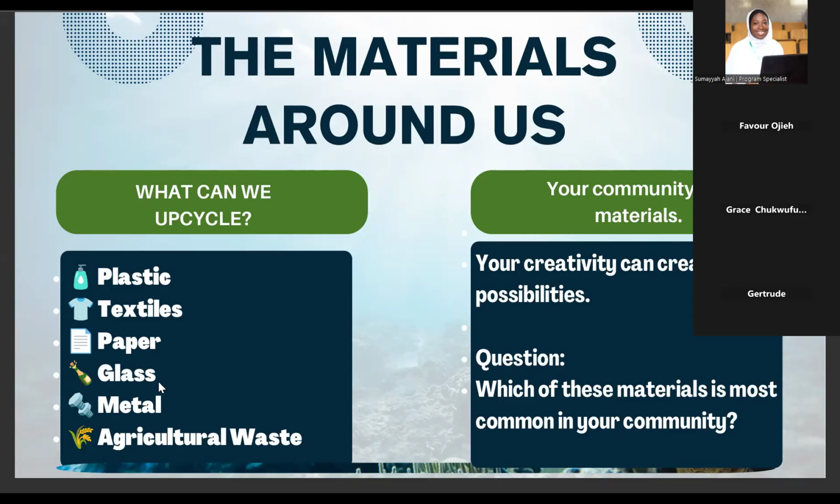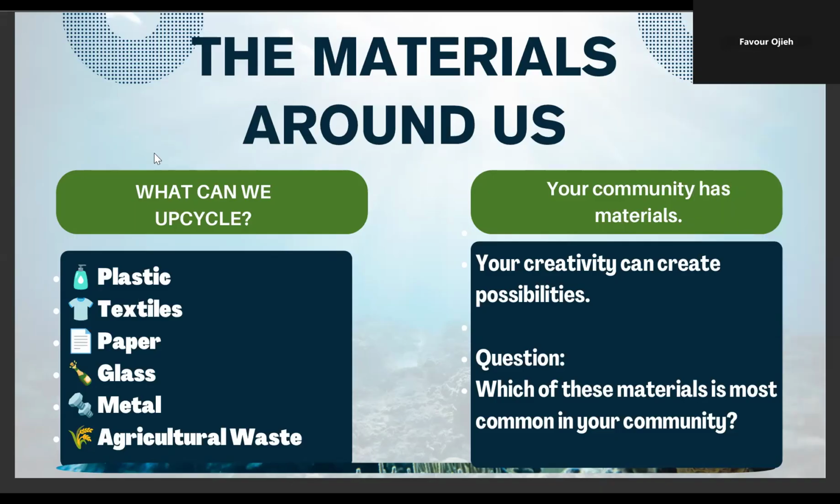For metal, in the upcycling and recycling process there are so many opportunities. And for agricultural waste, there are a lot. In fact, currently I'm building a brand called Vocal Bean 2-in-1 Bean Flour. Vocal Bean Flour is used to make our popular akara and moi moi.